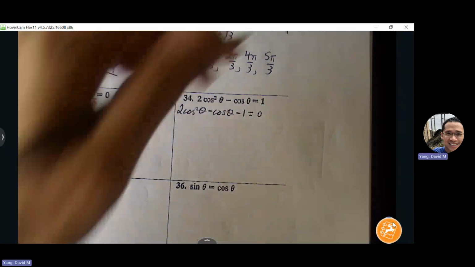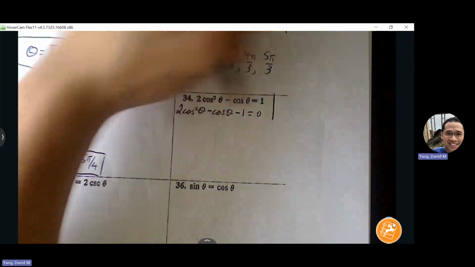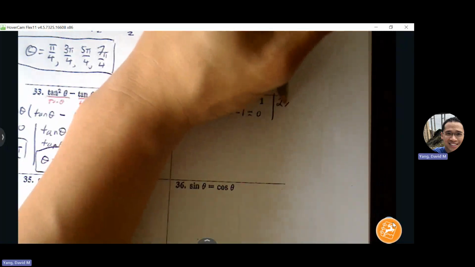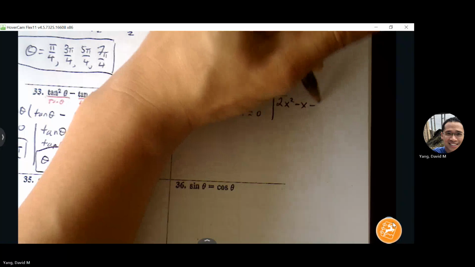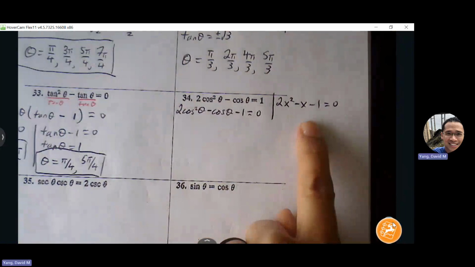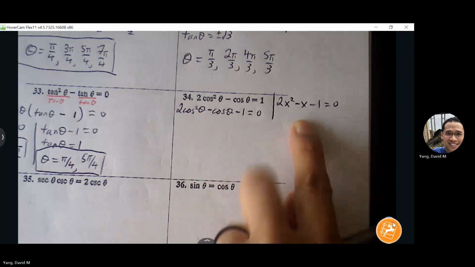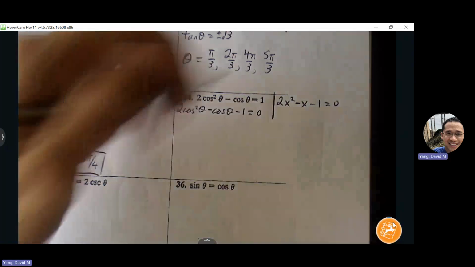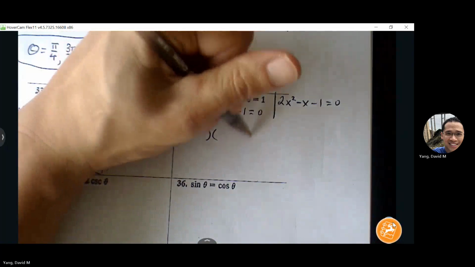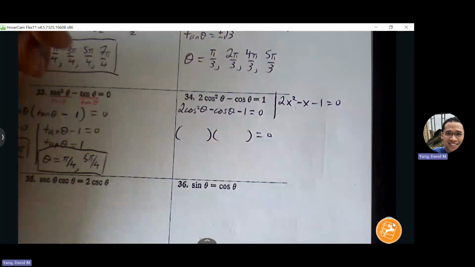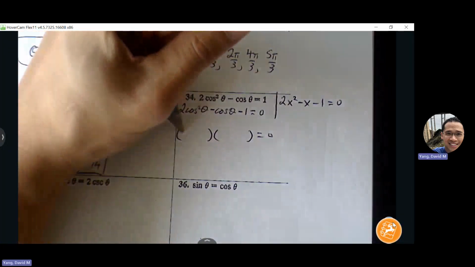So if it helps, maybe we can do an easier version of this problem, right? Replace every cosine with x. How would you factor this? And once we can factor this, then we can bring the cosine back. I can figure out what multiplies to be -2 and adds up to be -1.